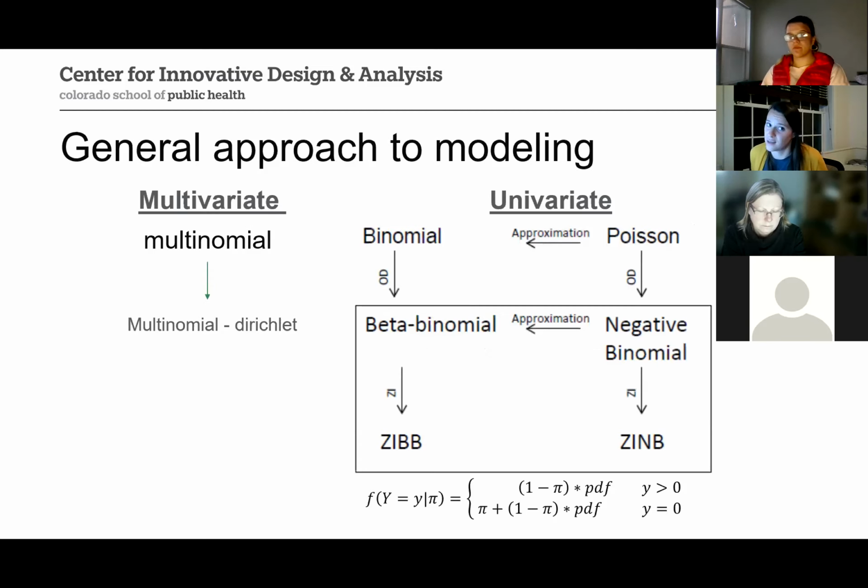So this is a great graphic for the general approach to modeling. So over here on the univariate side, you have the Poisson, the negative binomial, and the zero inflated negative binomial, again, counts Poisson. And then over here, you kind of have the beta binomials and the zero inflated beta binomials. And then I listed over here the multinomial approach.